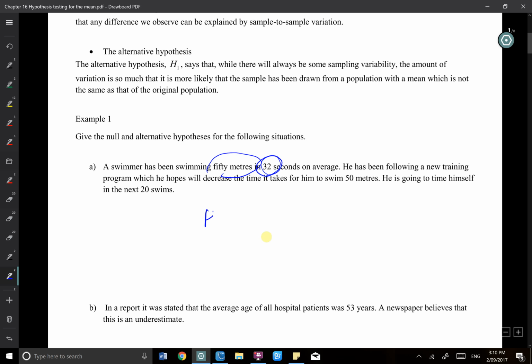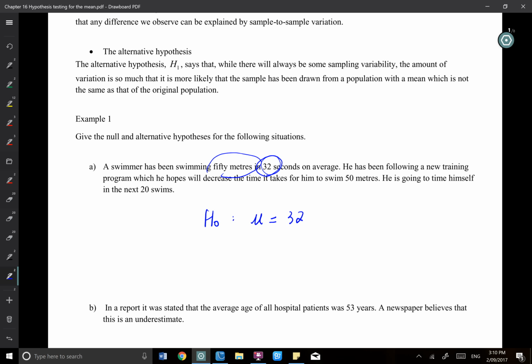So your H0, from all your stats before, is mu equals 32. And then what do you want for H1? Tell me what you want for your H1.